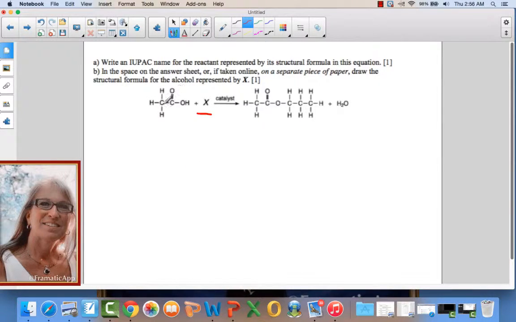So this is the reactant that they show the structural formula for. They want the name of this. So right away I see the COOH functional group. I know it's an organic acid, and it contains 2 C's. 2 C's is eth, so I just copy the ending, ethanoic acid.